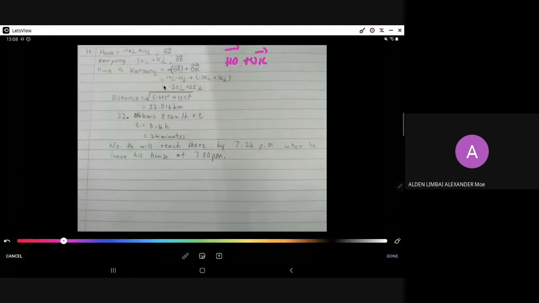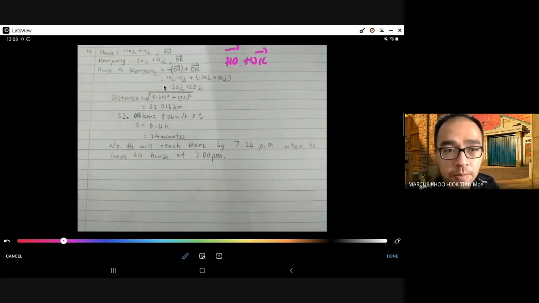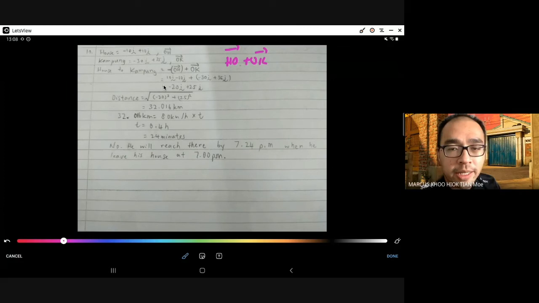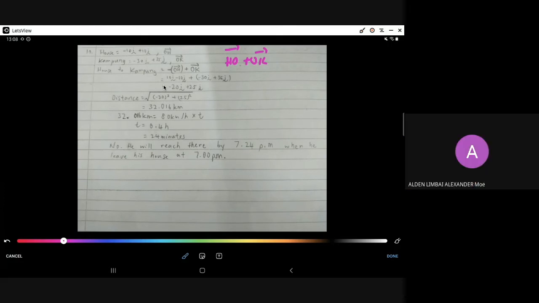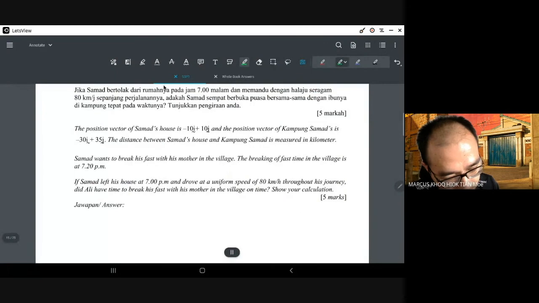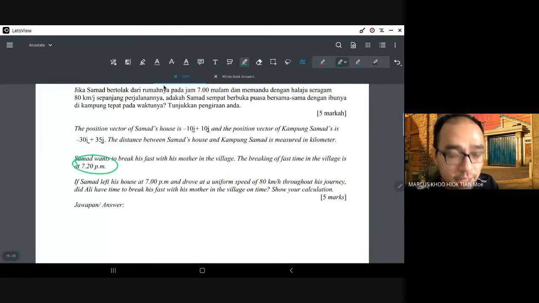Then he reached there at 7:24 p.m. So what does that mean? That means he lambat 4 minutes. He was supposed to sampai at 7:20.